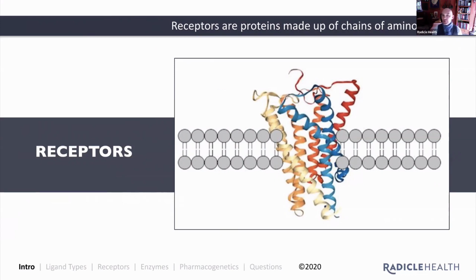To perform these tasks, the cells have to have mechanisms for communicating with substances that are outside of the membrane of the cell. And this is where receptors come in. Receptors are embedded into the cell membrane, and they facilitate changes that occur inside the cell. So when stimulated by the right kind of substance, a receptor can initiate a variety of processes inside the cell.